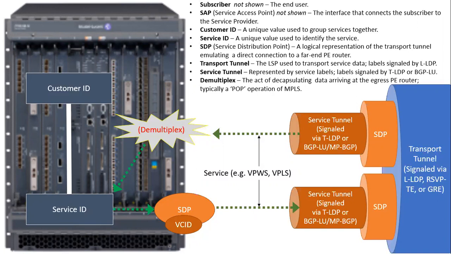So like we discussed in our previous video about targeted LDP allowing labels to be signaled between non-directly connected peers, well, this is an example of a targeted LDP session, our service distribution point.